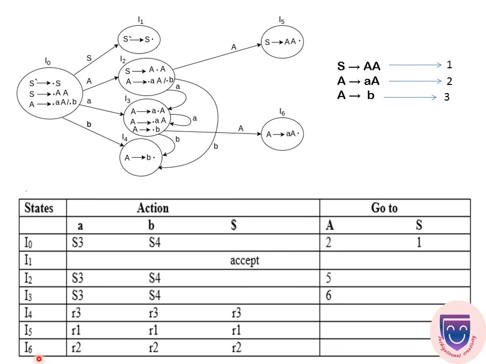Then I6. I6 contains the final item which derives A tends to aA dot, and that production corresponds to production number 2. So we write it as R2 in the corresponding entire row. That is, in I6 we are writing R2 in the entire row.